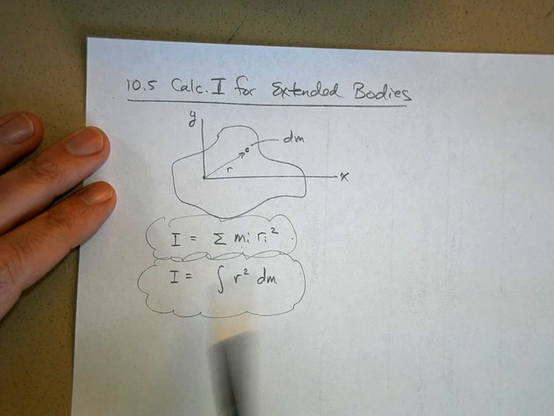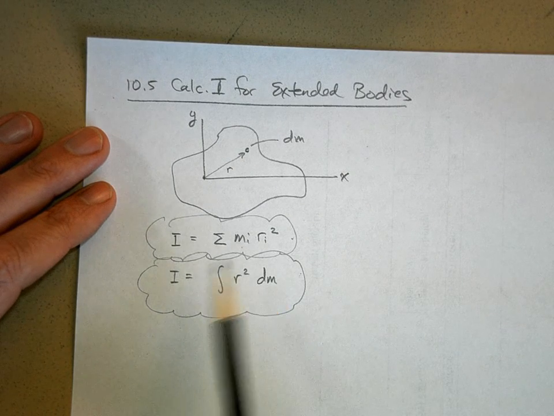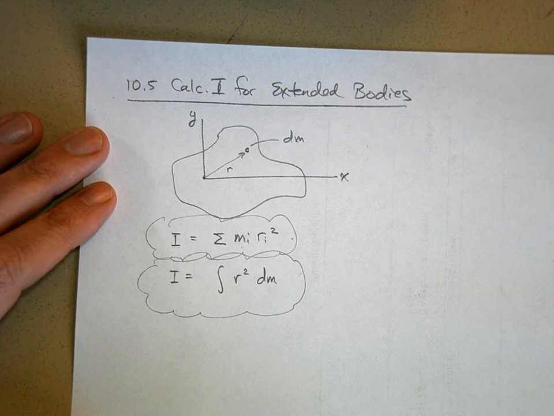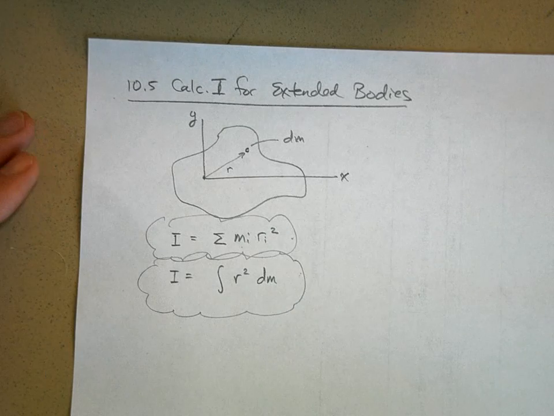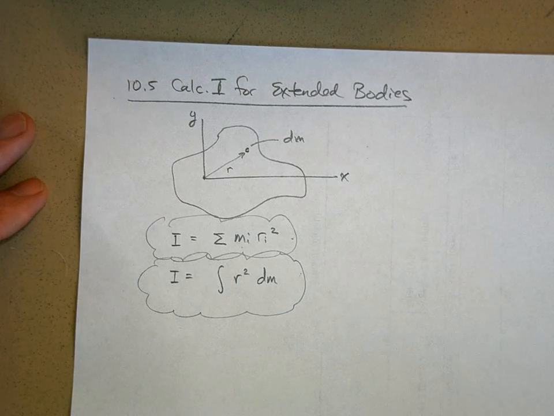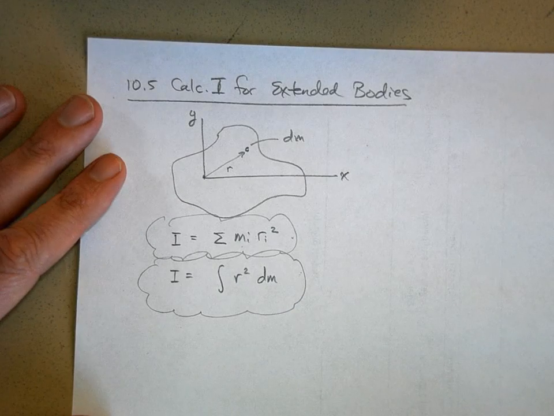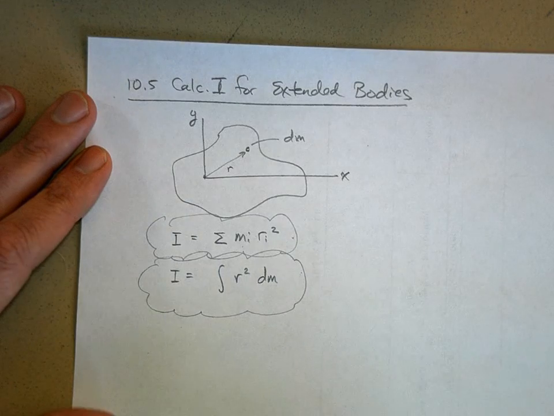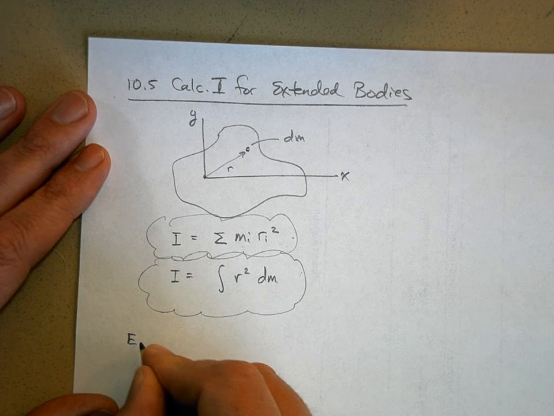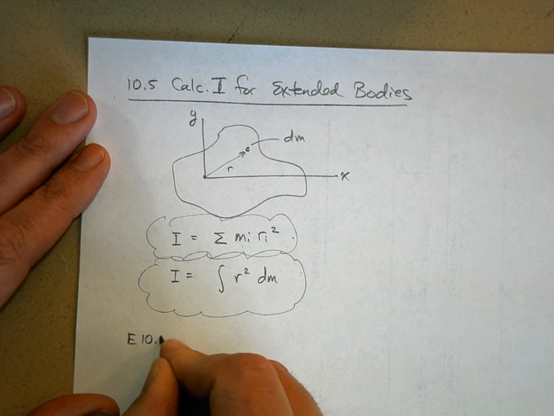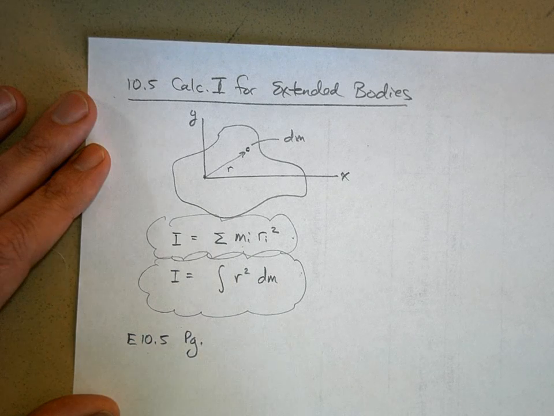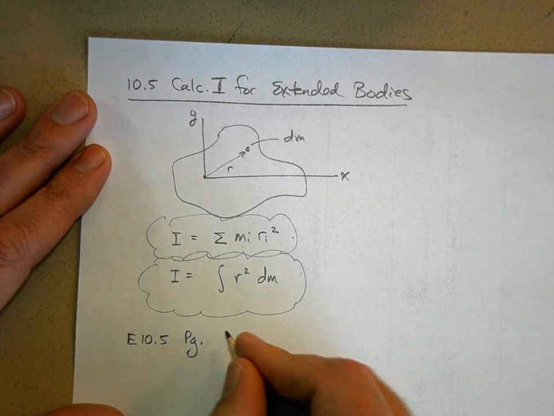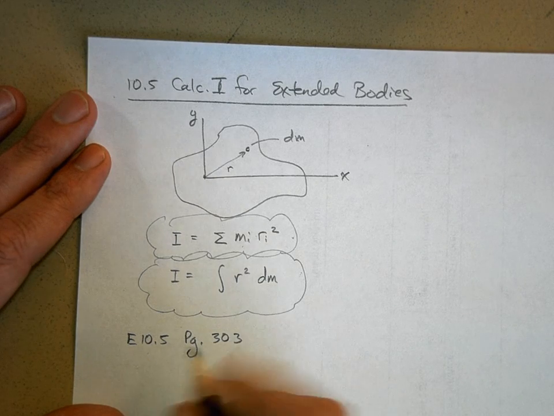We can actually use the techniques from your calculus classes to solve this integral. So that's what we're going to do. We'll do a couple of them here. We'll do example 10.5, and this is on page 303.